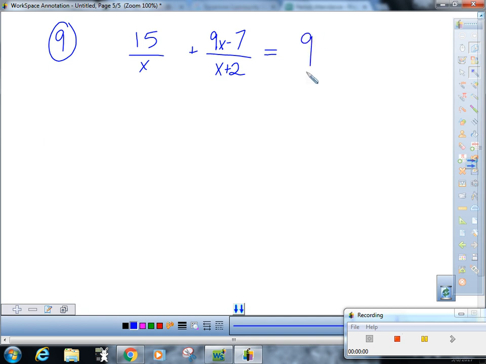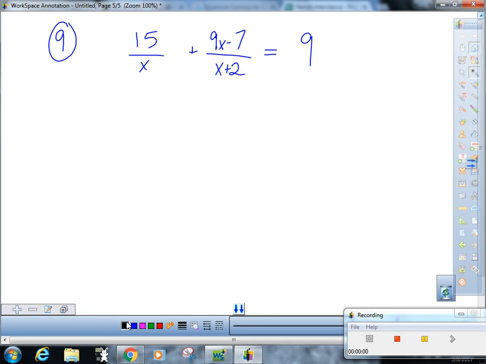Okay, we are not at a point where we are able to cross multiply yet, so we have to combine these fractions. This is why we did last section before this section. What do we have to do in order to combine these fractions? We've got to get a common denominator.